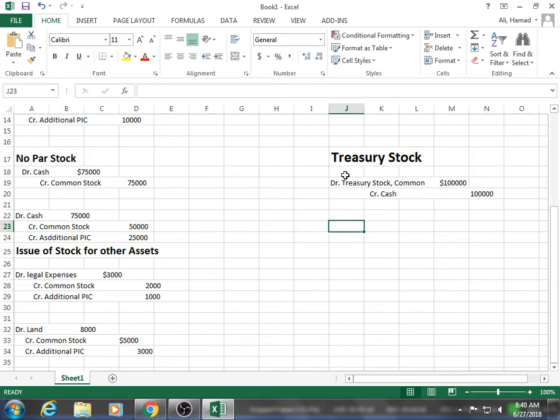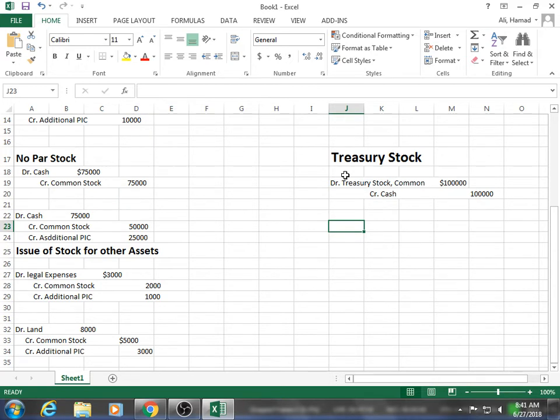That $50 here becomes almost like a par value now. Subsequently, if you sell some of those, you have to see the difference between the $50 and what you're selling it for. If you sell it for over $50, for $70, that means we have additional capital, but it belongs to treasury stock, so you have to separate it.